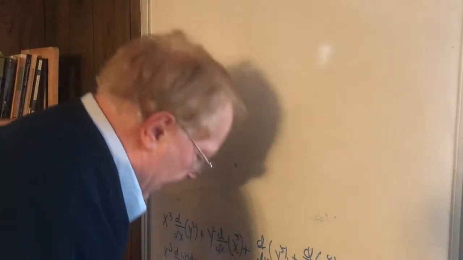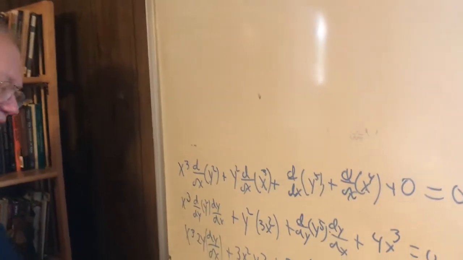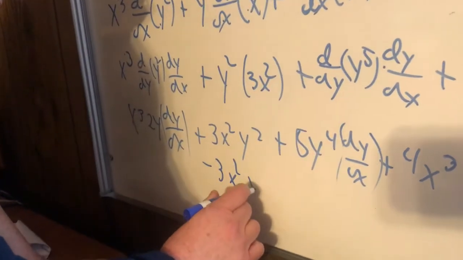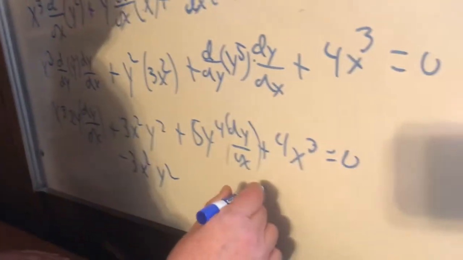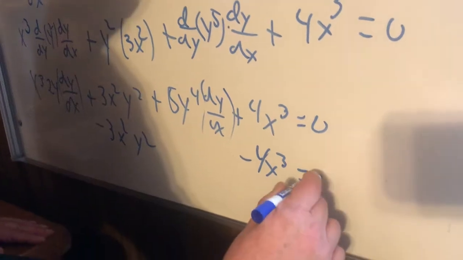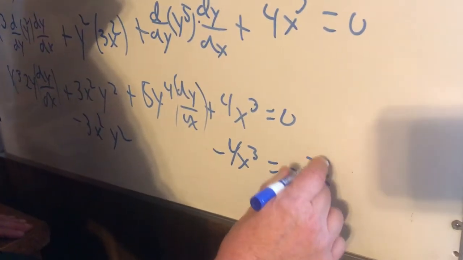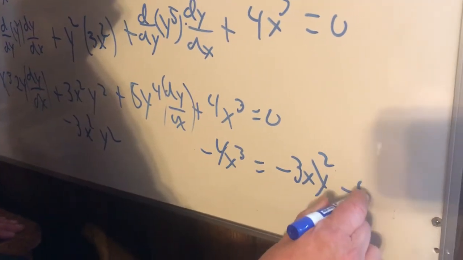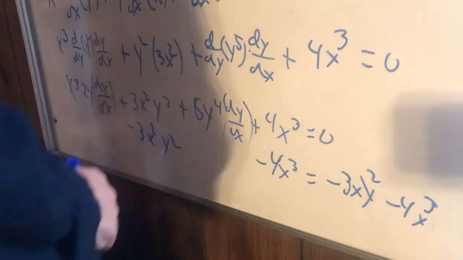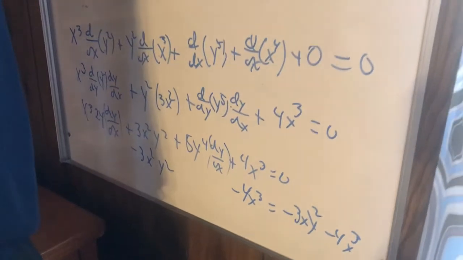I'm going to subtract all the terms not in dy/dx and bring them over to the other side. That leaves me with 2yx³, just to rearrange it, minus 3x²y².